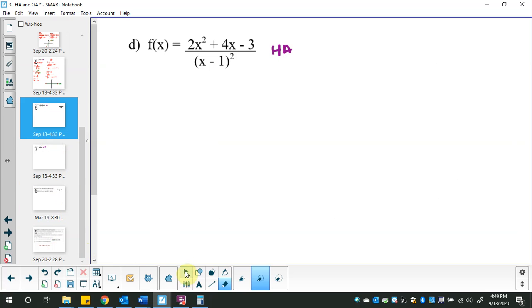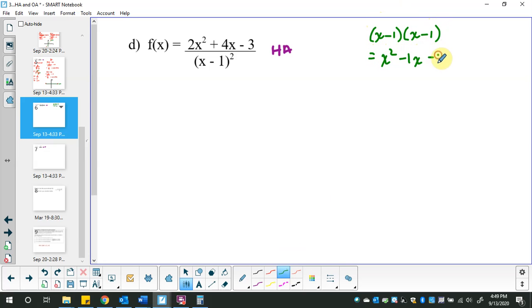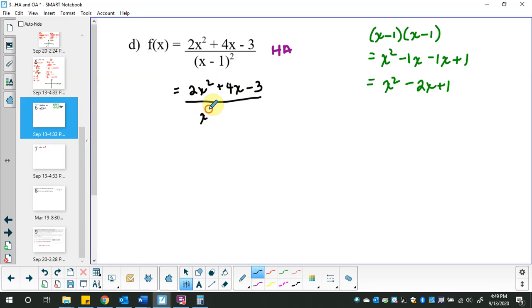All right, so as we discussed, this is a horizontal asymptote because this is degree 2 and this is degree 2. If it makes you feel more comfortable, please take x minus 1 squared, write it out twice, and FOIL. And that will give you, maybe for you personally, a preferable version of f at x.